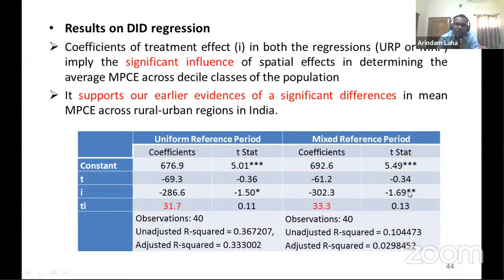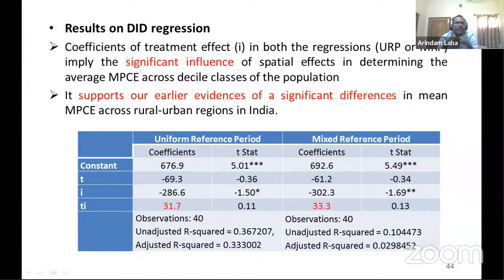In both situations, they have experienced declining consumption, but the decline in consumption in urban India is much more significant in comparison to rural India. This is also supported by our differential regression. So it just supports our earlier result, which we have tabulated. Okay, so this particular result, differential regressions, also supports our earlier result.